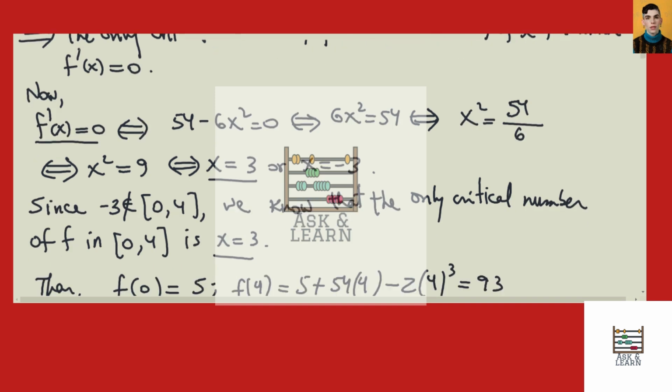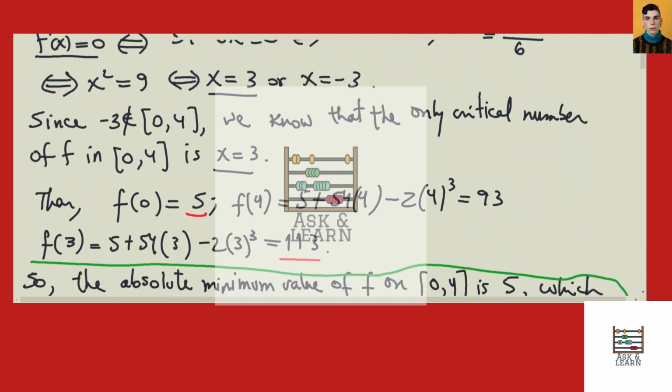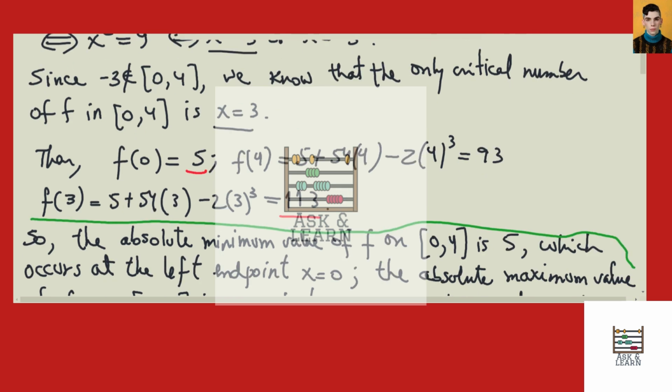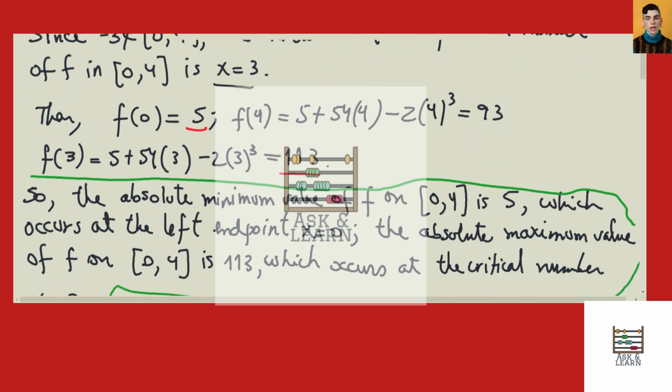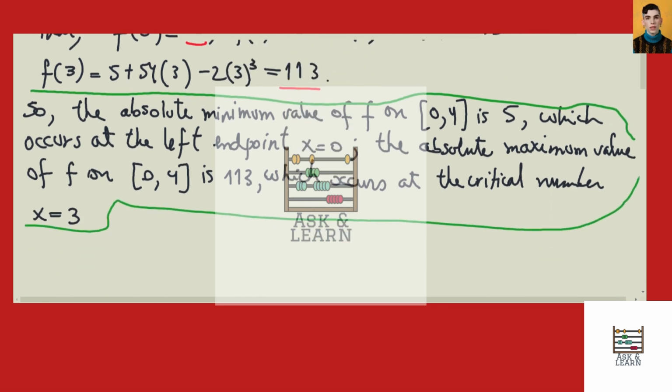So we find the critical numbers inside the given interval, then we evaluate the function at those critical numbers and the endpoints, and the largest of those evaluations is the absolute maximum value of the function over the interval, and the smallest of the images we found this way is the absolute minimum of the function over the interval. And that's the final solution.